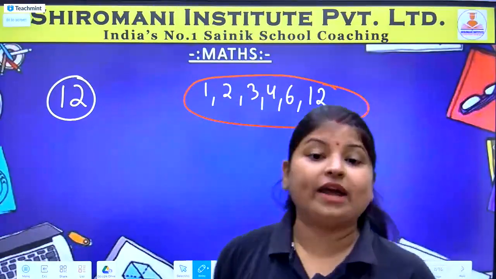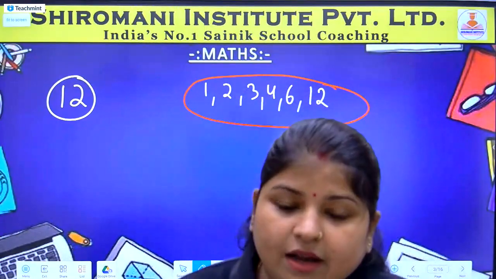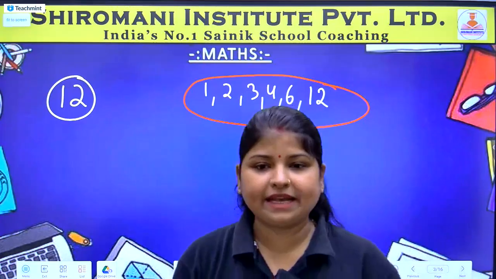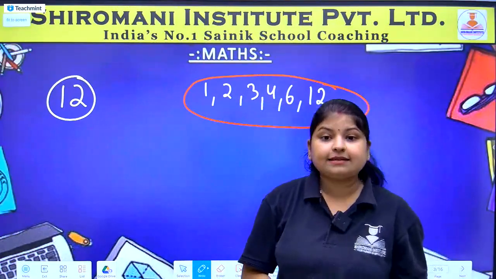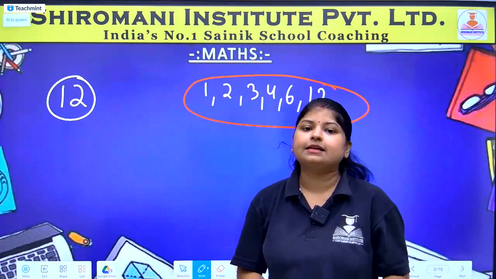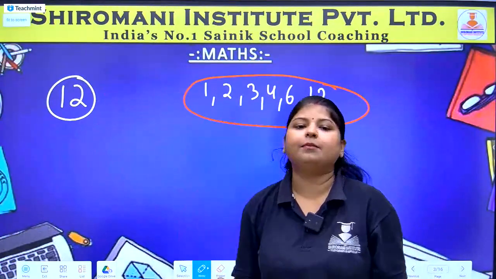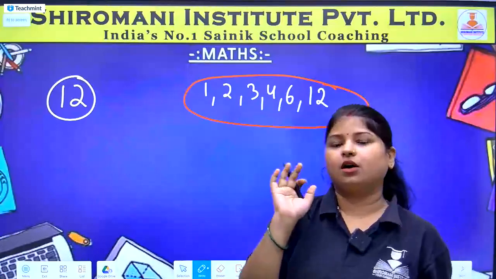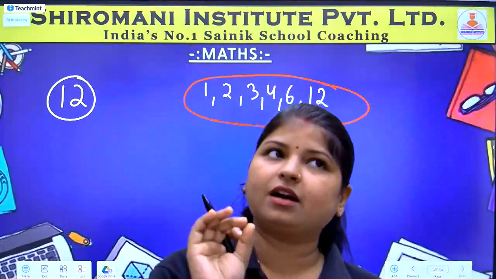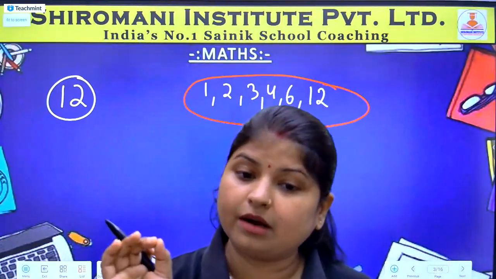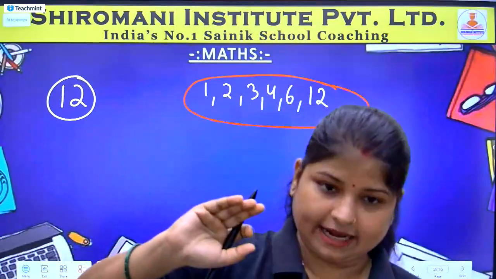See, when I talk about the factors, beta, factors simply means what? Factors are the numbers that divide the given number completely. So always remember that a factor of any number cannot be greater than that number.